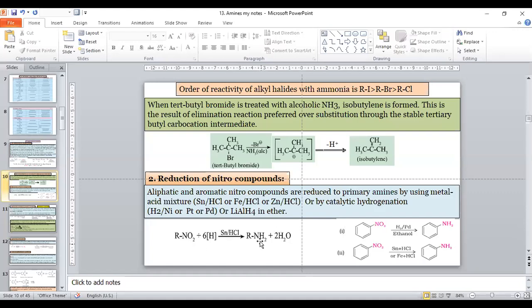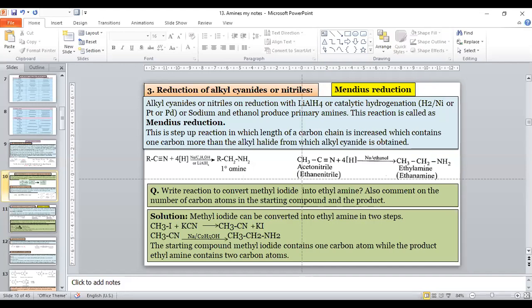And opposite to this, we can convert the RNH2 primary amine into a nitro compound by oxidation. We can use different oxidizing agents. Though it is not shown in this slide, we have to remember: the NO2 group is converted into NH2 by reduction, and the NH2 group is converted into NO2 by oxidation. You know the different oxidizing agents: KMnO4, copper, CrO3. So you can use different oxidizing agents.